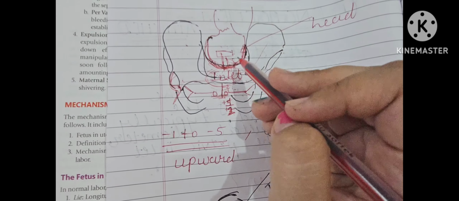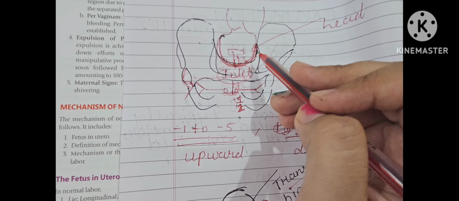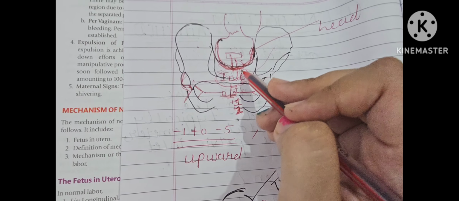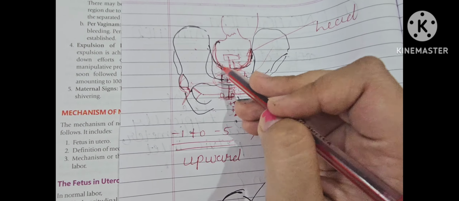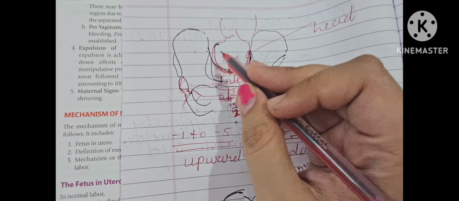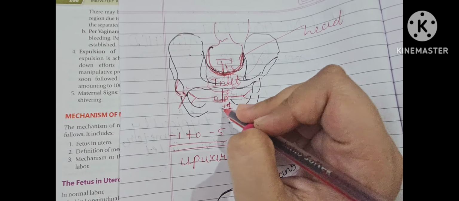If the presenting part is the vertex in cephalic presentation, when the head's biparietal diameter comes into the inlet portion and covers all the creases of the brim, it reaches the fetal station.